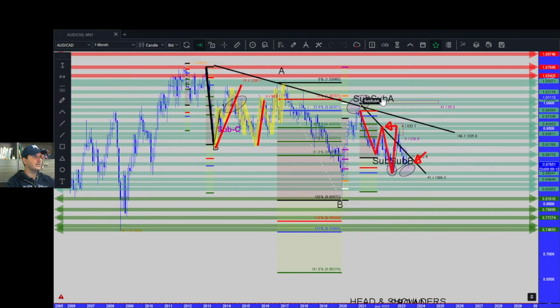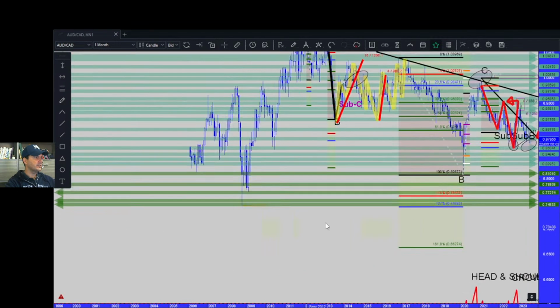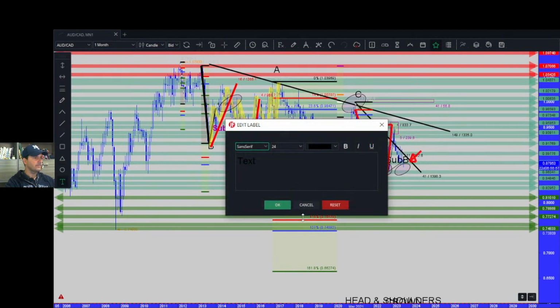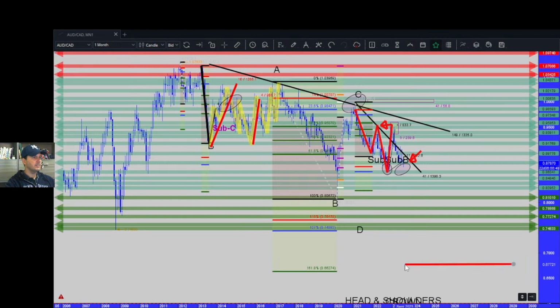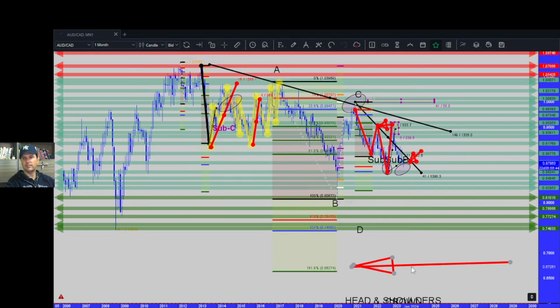A, B, C, and the projected D. Isn't it curious how the Fibonacci works? Nine times out of 10 it is not going to come down to here. Isn't it curious how it went to the blue, and the blue is inside the monthly bands?